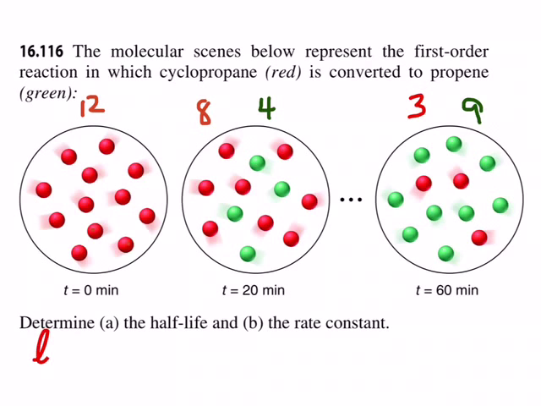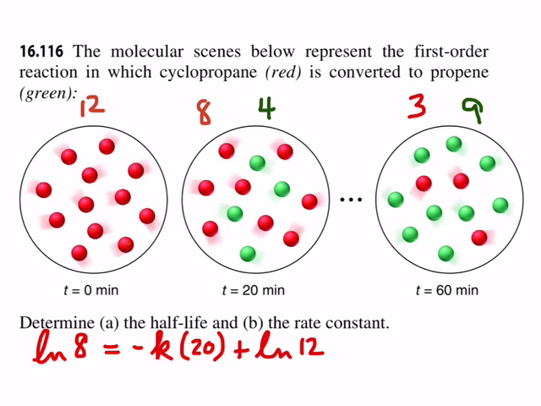So the natural log of A, we'll use the red particles, the reactants that are disappearing. So the natural log of 8, which is the amount left after 20 minutes, would equal negative kt, the time was 20 minutes, plus the natural log of the original amount, which was 12 particles.